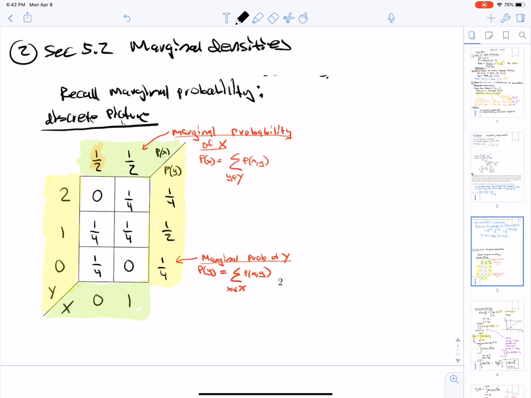So we sum through all the y values. Similarly, for the marginal probability of Y, we sum through the x values of the joint. So the analog in the continuous case is that we just replace our sum by an integral and the joint probability mass function with the joint density function.